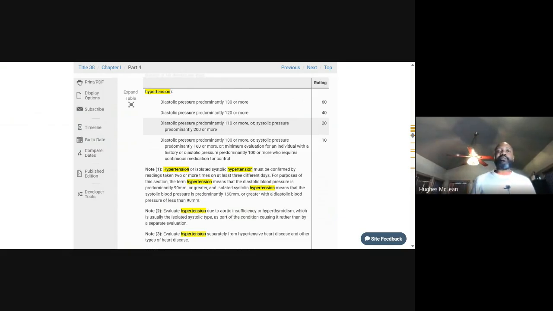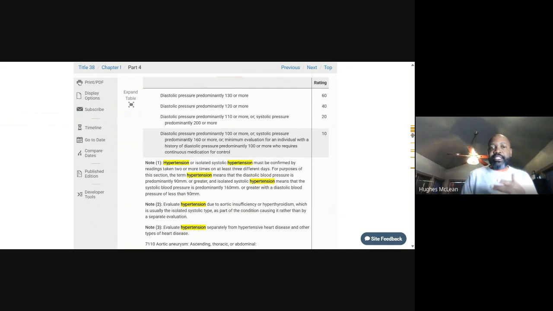The blood pressure readings are blank over blank. The one on the bottom is diastolic. The one at the top is systolic. So for a 10%, you have to have a diastolic reading of 100 or more, a systolic reading of 160 or more, and it requires continuous medication for control. All right, so this is one of the few instances that I'm aware of where medication matters.